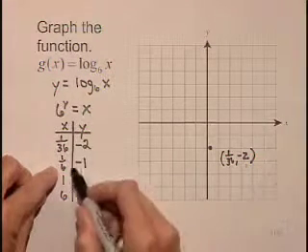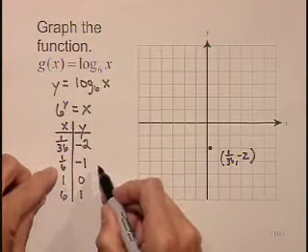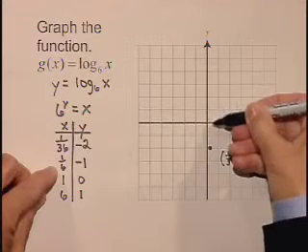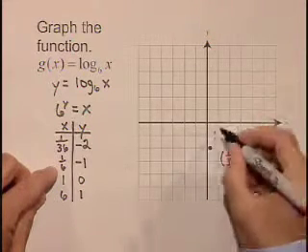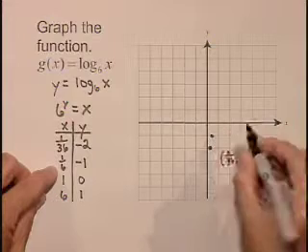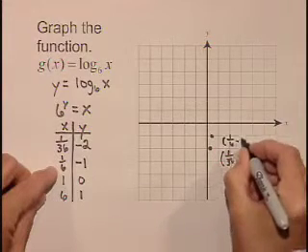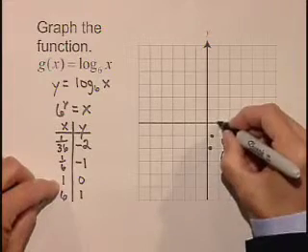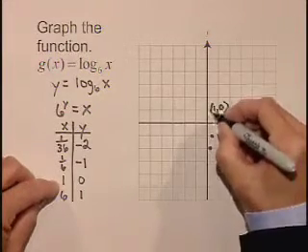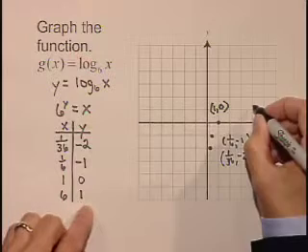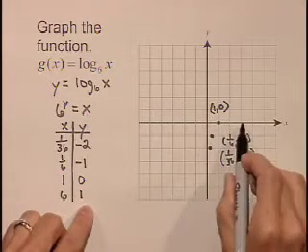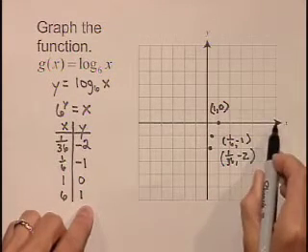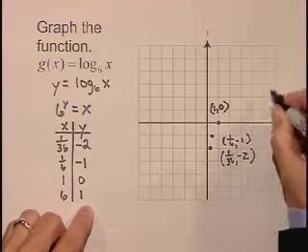We also have the point 1/6, -1. So come over slightly more on the x-axis, down -1 on the y-axis, 1/6, -1. We've got the point 1, 0. And lastly, 6, 1. Over 6 on the x, up 1 on the y-axis.